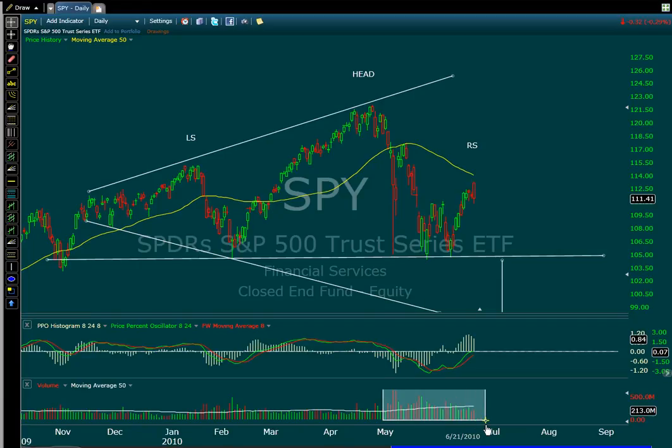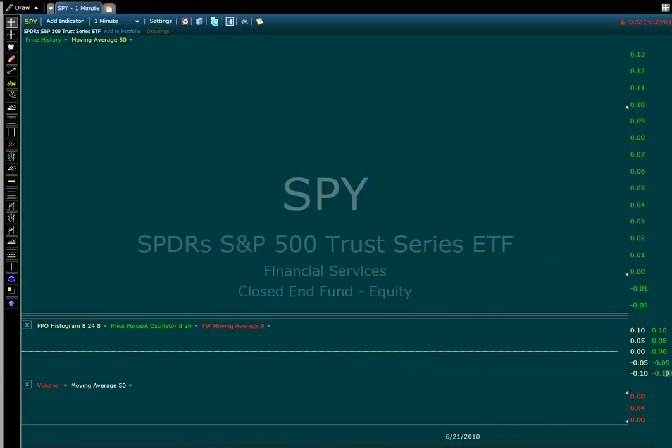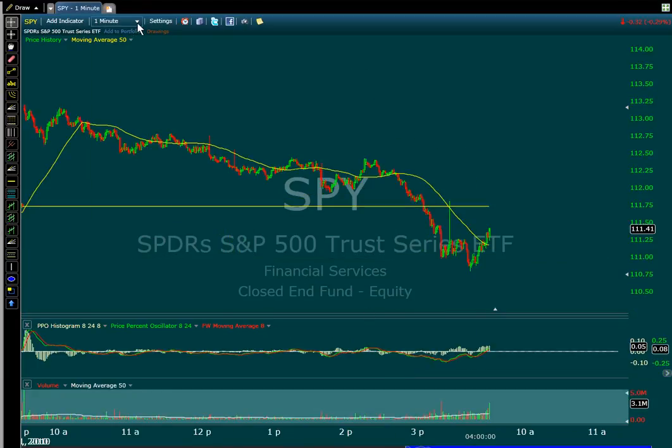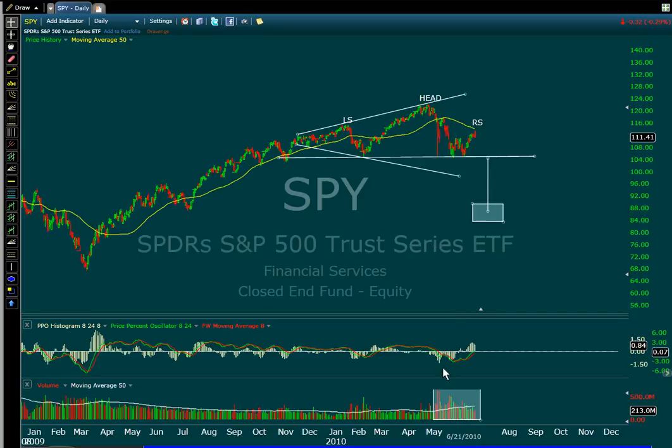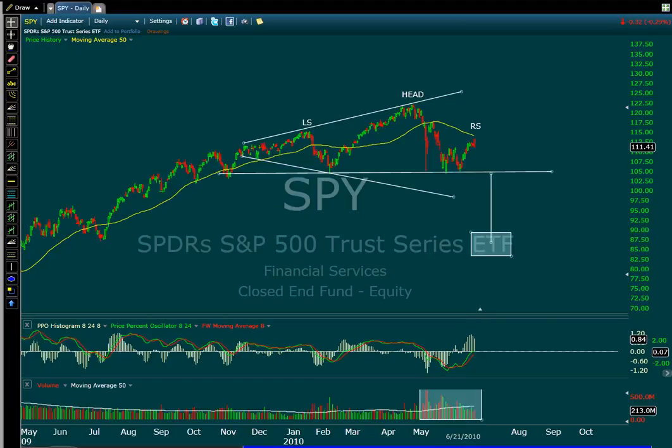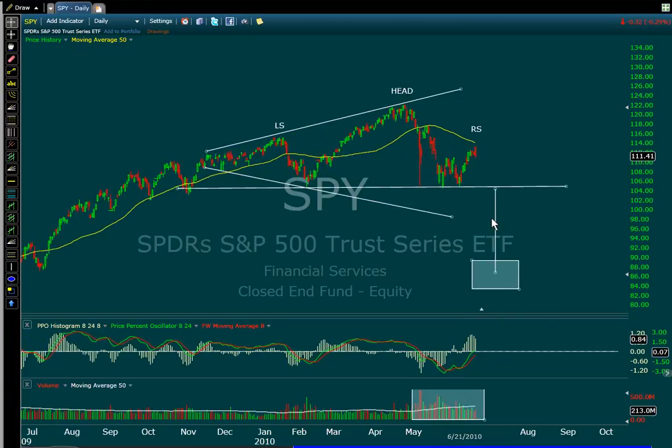Again, the volume is expanding, and once again I measured from the head to the neckline, and our measurement is hitting around the same area that I had told you guys before, somewhere around the mid 800s to low 800s for the S&P.